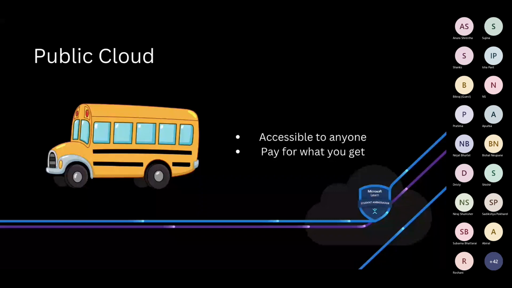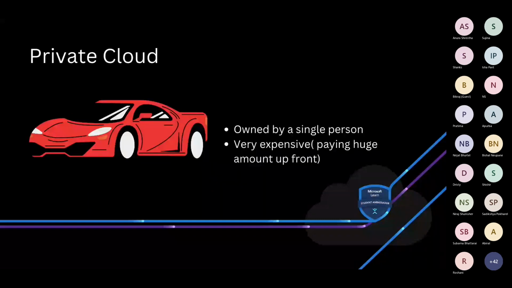So in public cloud also, as an Azure deployment model, everything is built on the cloud provider, and you pay for what you get, and nothing more, nothing less. And then there is private cloud, which is owned by a single person. You can take a fancy car which is bought by a person, by paying a huge amount of money upfront.